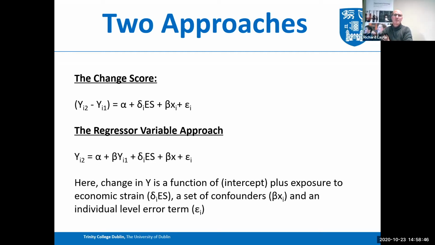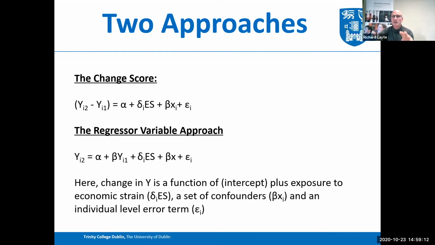So when we estimate the dependent variable, what we're basically doing is estimating change. And then as with the change score approach, we're estimating the delta, the change in economic strain, plus a set of confounders and an individual level error term, okay?